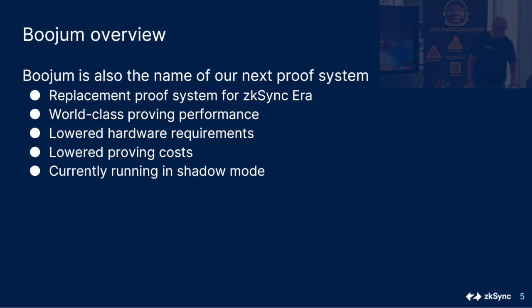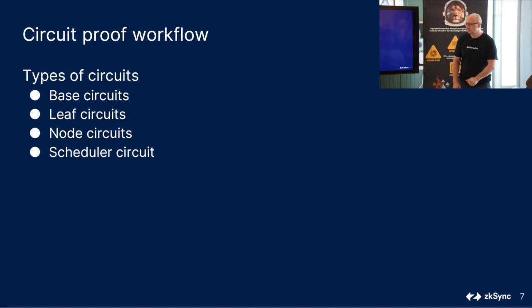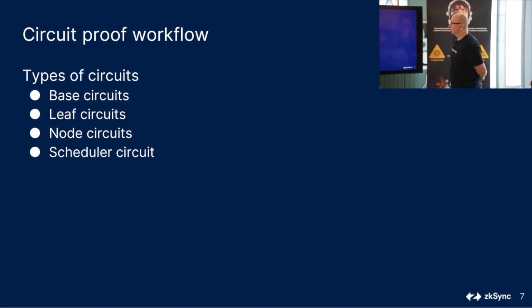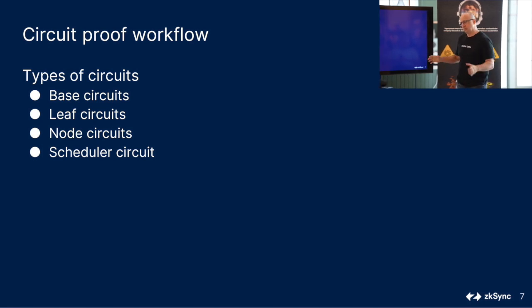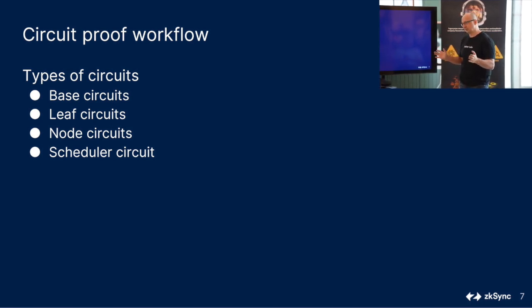Okay. So now let's talk about circuits. Let's say we start with a batch of transactions which go into one block. We form a block, and then the next step would be to compute a certain split into circuits.